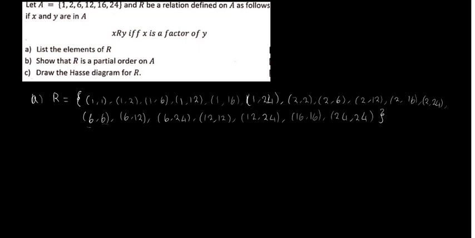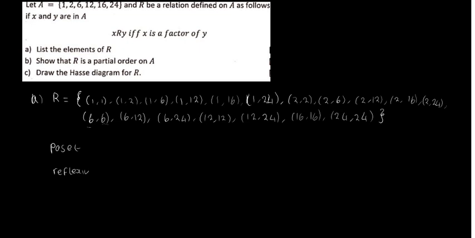Now we're going to show that the relationship is a partial order. What does that mean? A partial order, or a poset, means a couple of things. First of all, it means that this is reflexive.